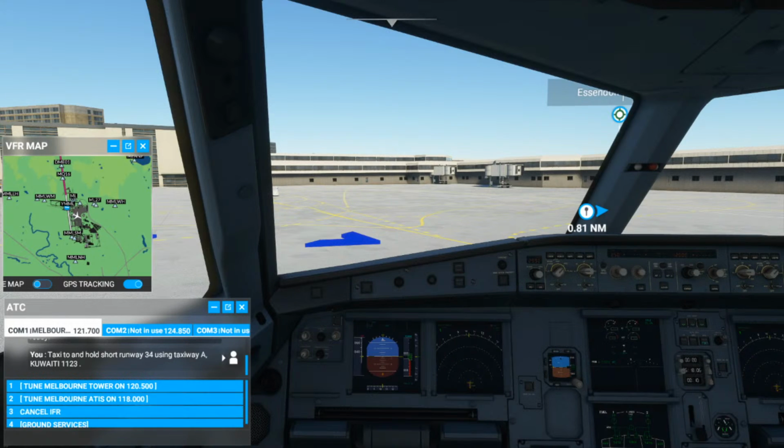Let's taxi and enjoy our taxiways. Let's see, something good for the taxi here. Something nice and smooth for a taxi.